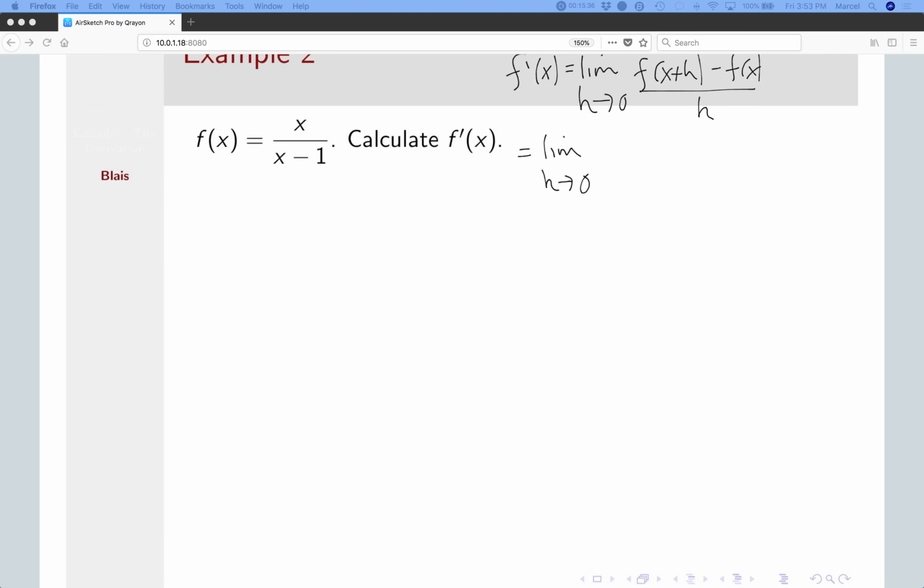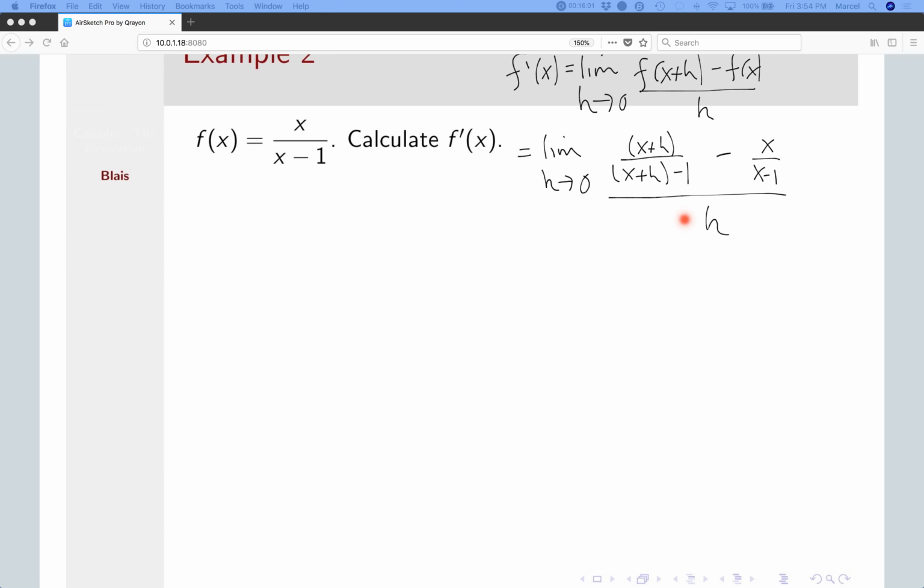So this becomes x plus h over x plus h minus 1. Then for our minus f of x term, we just subtract f of x itself. All divided by h.